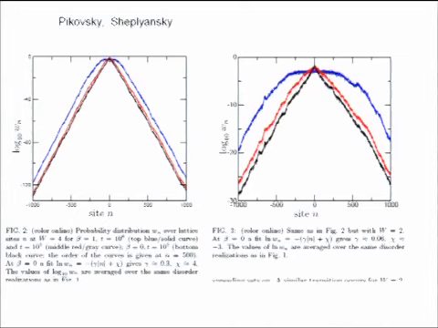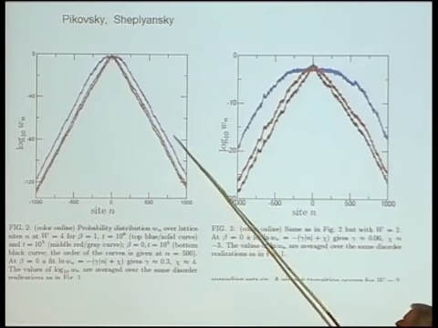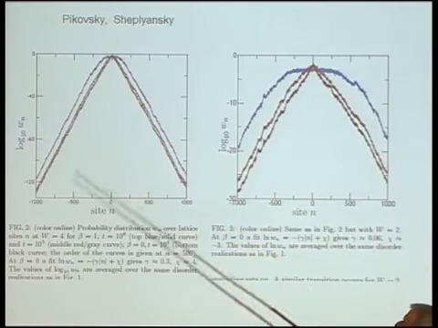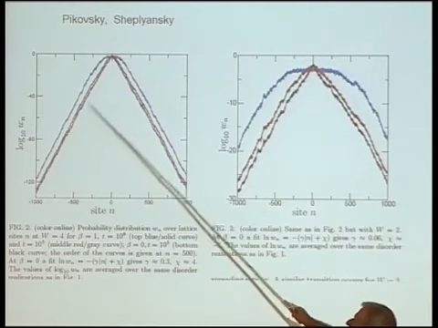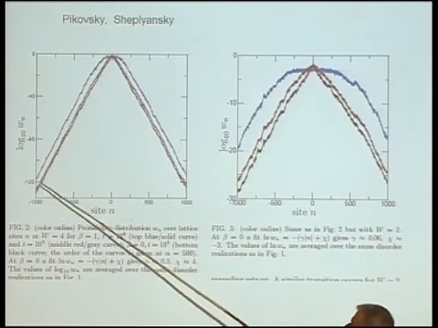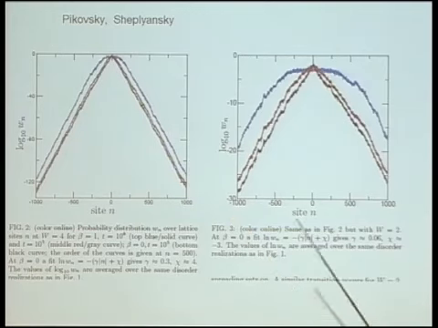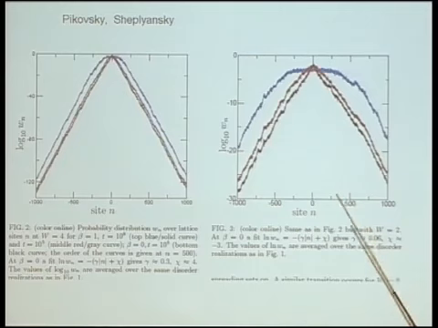The one line here, the black one, is for the linear equation. Then you run the nonlinear equation for a long time, and you see that they nearly agree. But if you run it for a longer time, you see that the nonlinear system starts to spread.